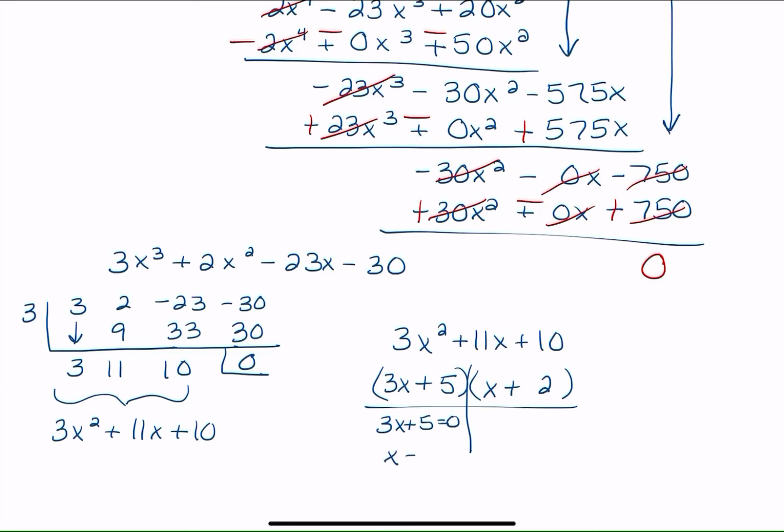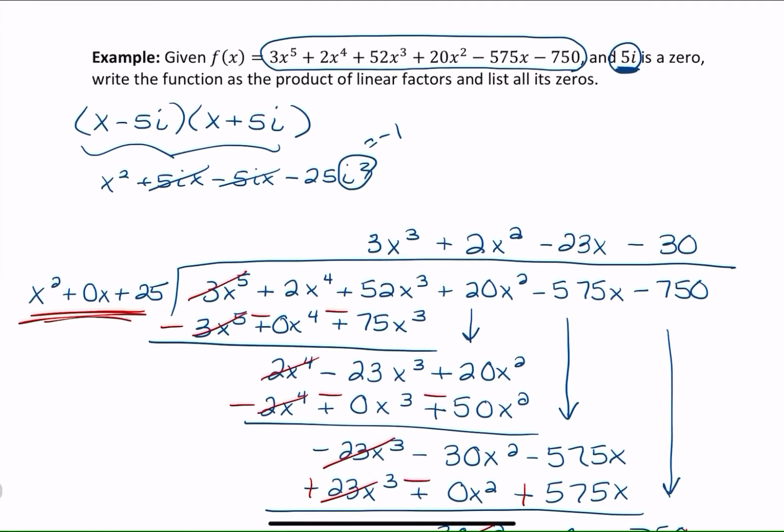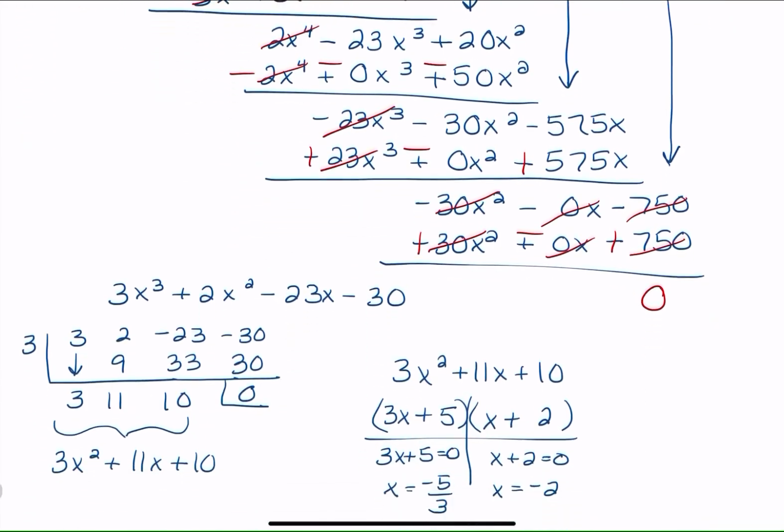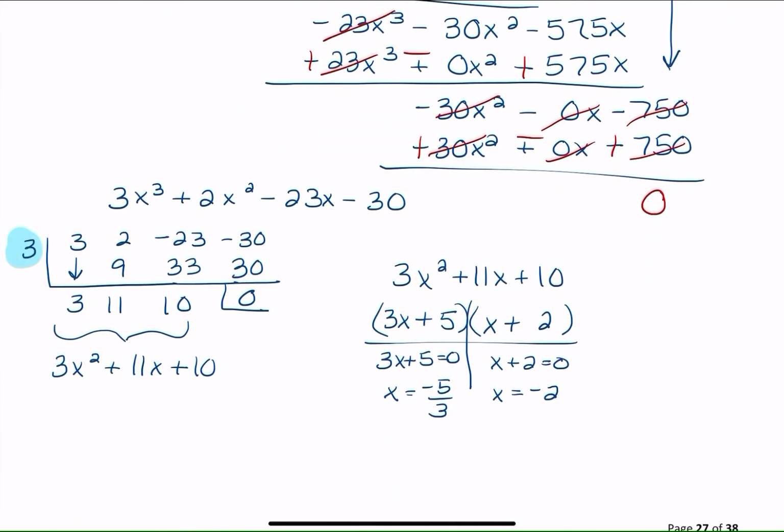So here I have -5 over 3, and here I have -2. So just to recap, I've got 5i and -5i, 3, -5/3, and -2 are all my zeros for this function.